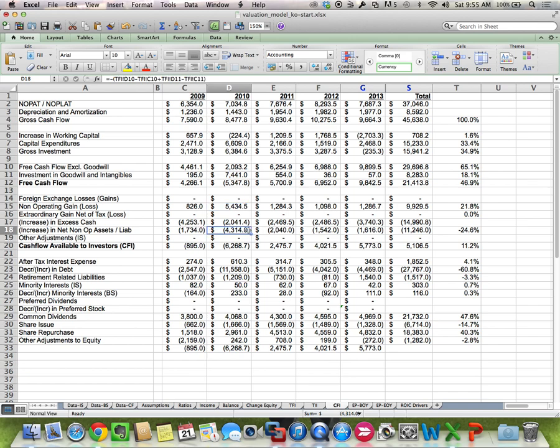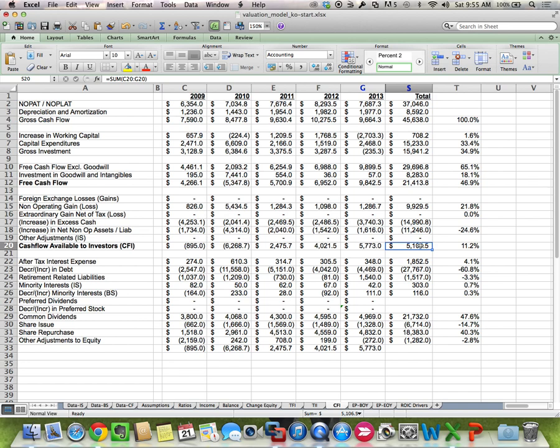The big increase was here. I have a feeling a lot of this had to do with acquisition accounting, if I had to guess. But again, we don't have the detail off of this statement, but the key point is they ended up chewing up about net $4 billion of CFI. Right? Tied up a bunch of cash, but they got some non-operating gains, non-operating income. So they had $5 billion to pay out.